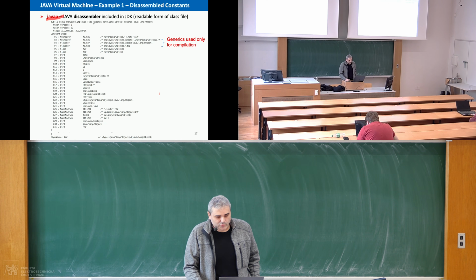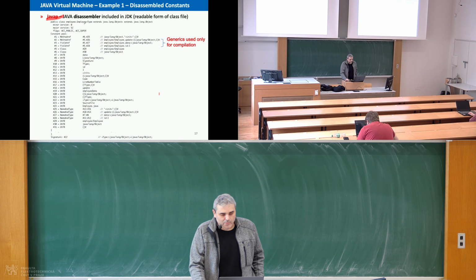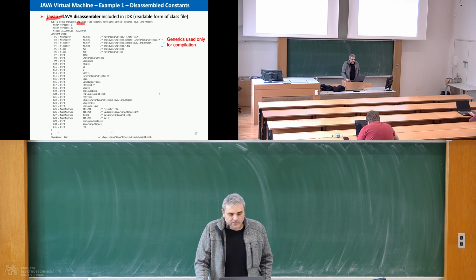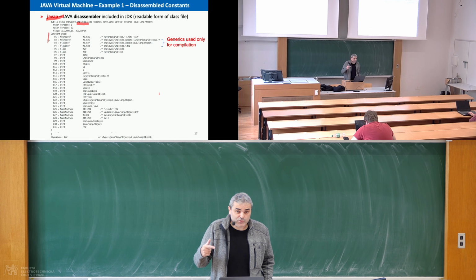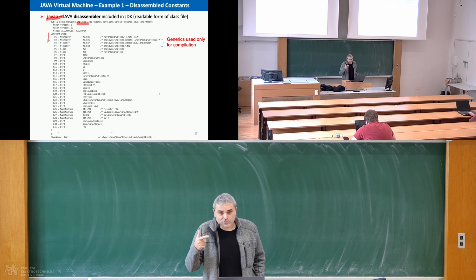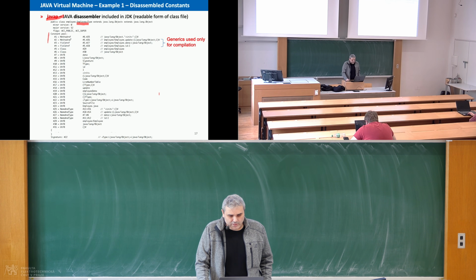Yeah, so if we disassemble that Employee class, which was typed, you can see there is version information here, some flags that it's public, it uses a super constructor, and so on. Then there is this constant pool that's mapped to the readable piece of that binary file. And that is using references to itself in many cases.